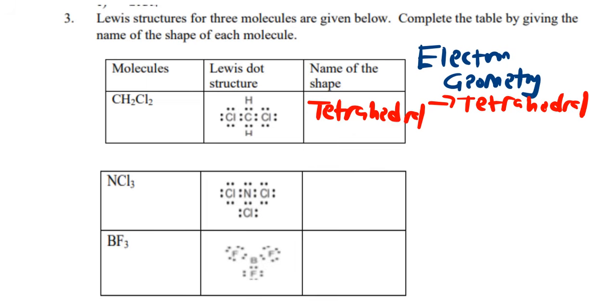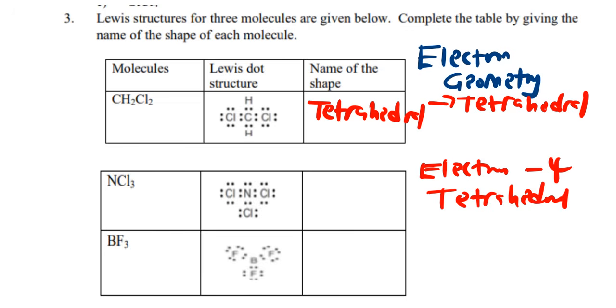In terms of electron geometry, because there are 4, it is tetrahedral. But the molecular shape, the way the molecule looks, is trigonal pyramidal. It looks like a pyramid.